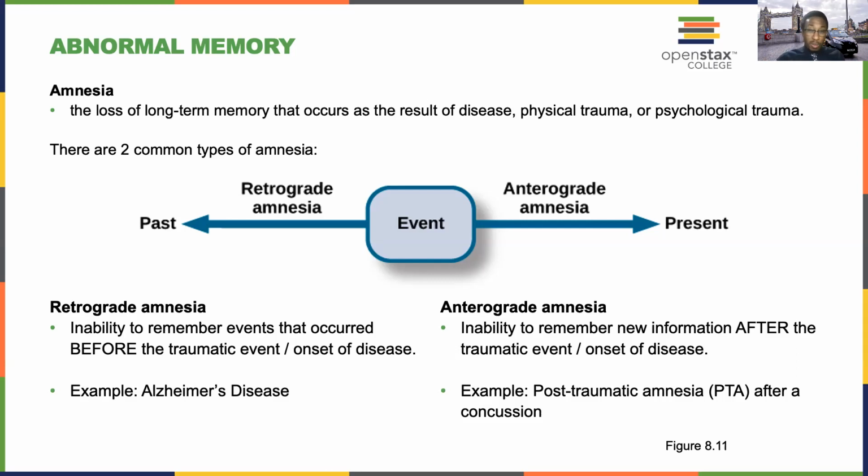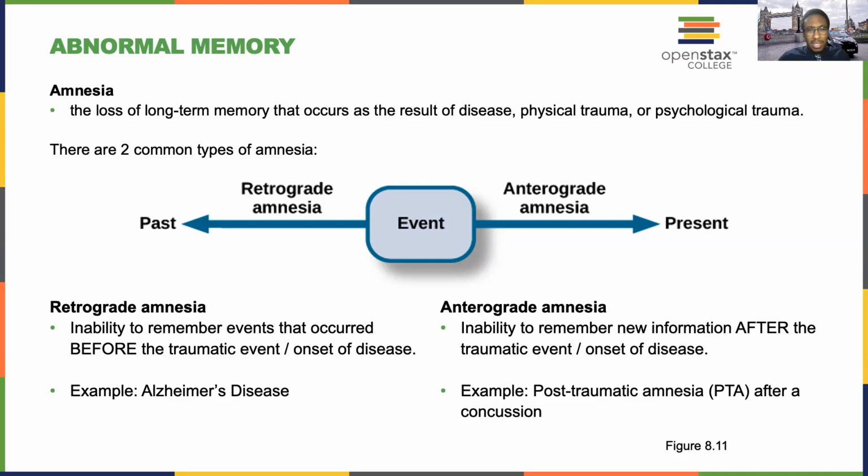It's very important to be able to differentiate these forms of amnesia from the types of interference that we described earlier. Retrograde amnesia is the inability to remember events that occurred before the traumatic event or before the onset of disease. For example, someone who has very severe Alzheimer's disease might not be able to remember the names of their children.